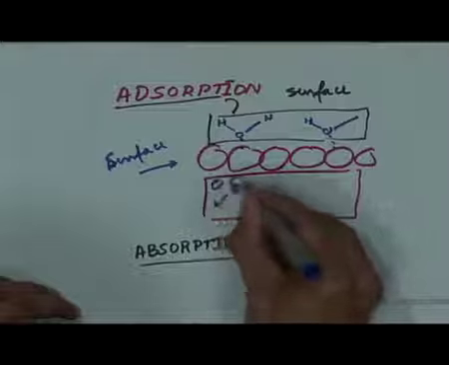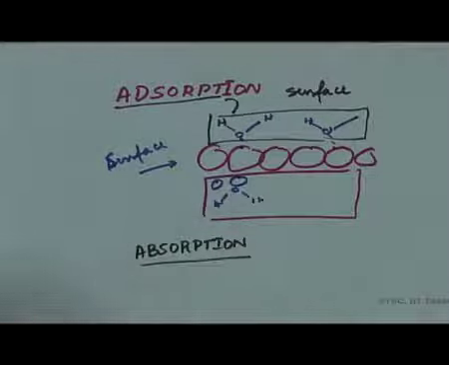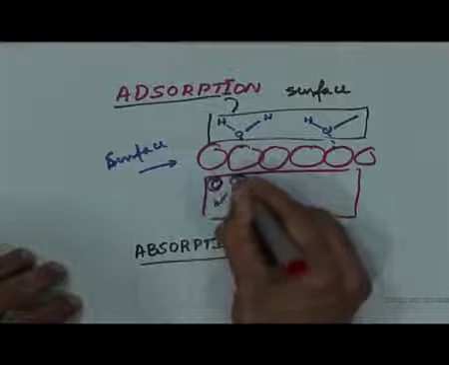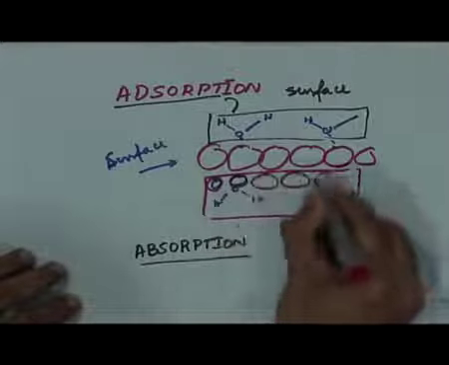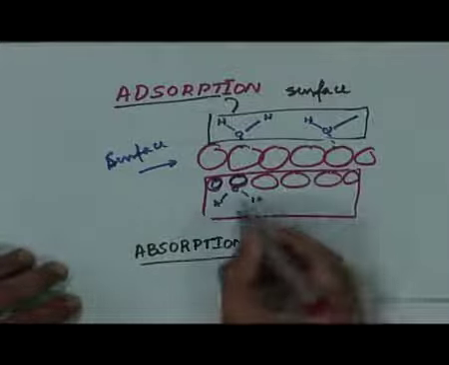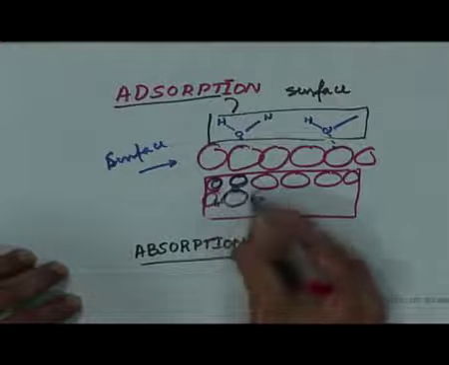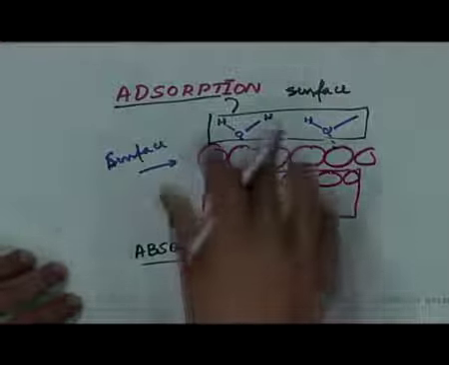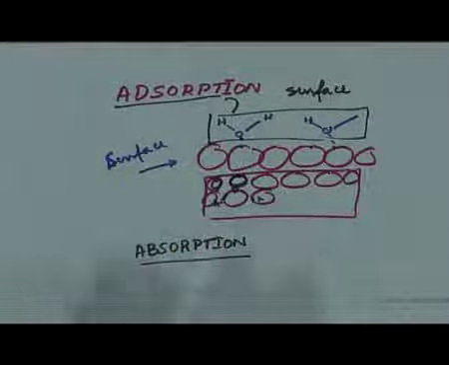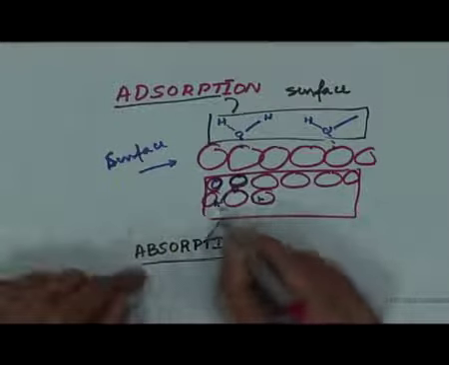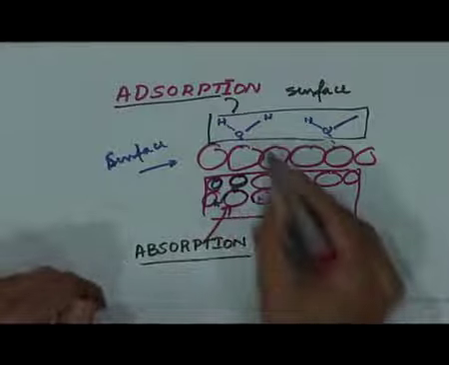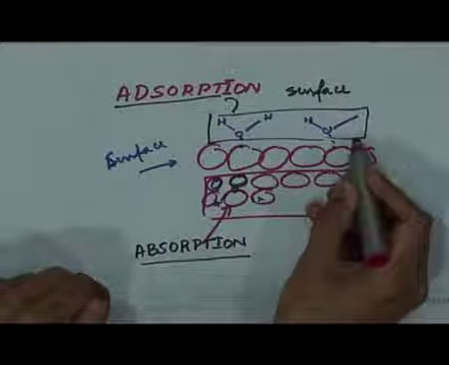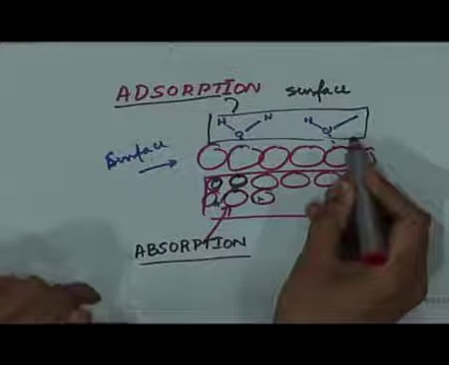If I draw it in red, these are my molecules of the material, for example, activated charcoal or silica, and the water molecules go inside, buried into the solid. That would constitute absorption, whereas when it happens on the surface, it is adsorption.